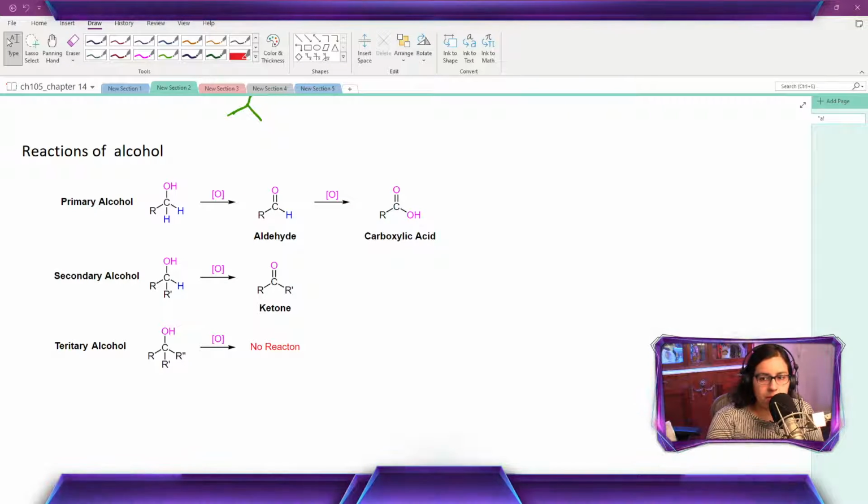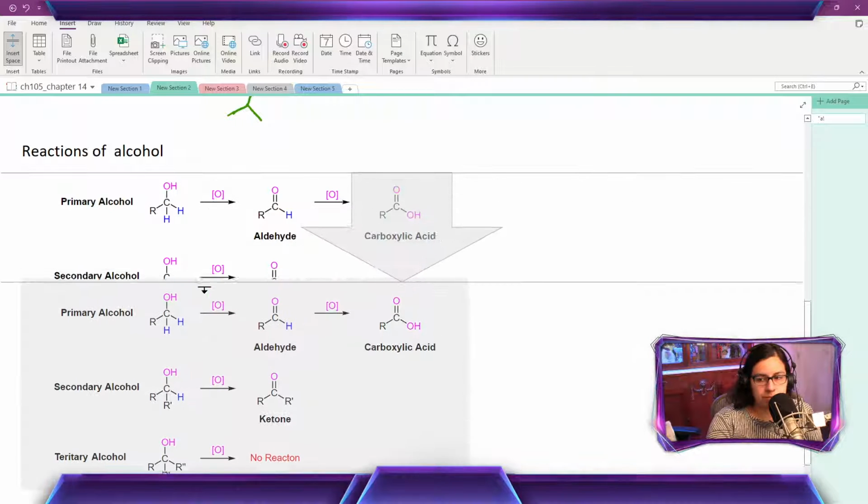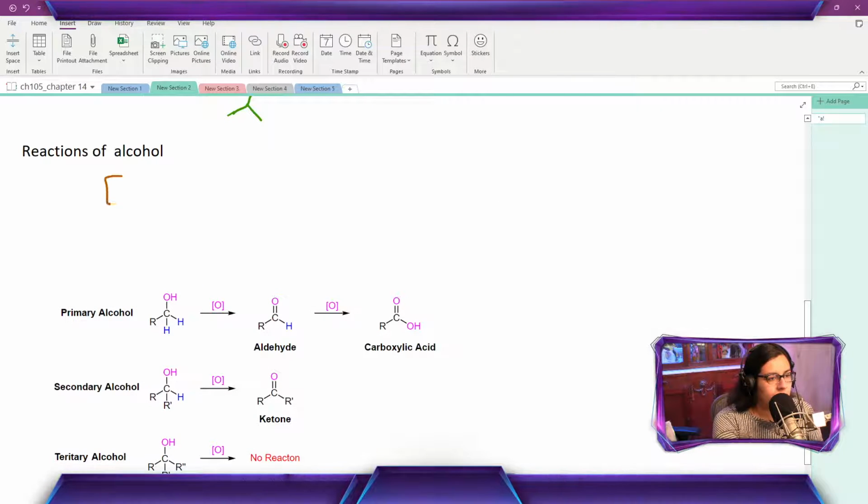And so first of all, we want to identify, do we have a primary, secondary, or tertiary alcohol? And so if we have a primary alcohol, again with two OHs, and then if we oxidize it, so anytime you see this little ox, this means oxidation.